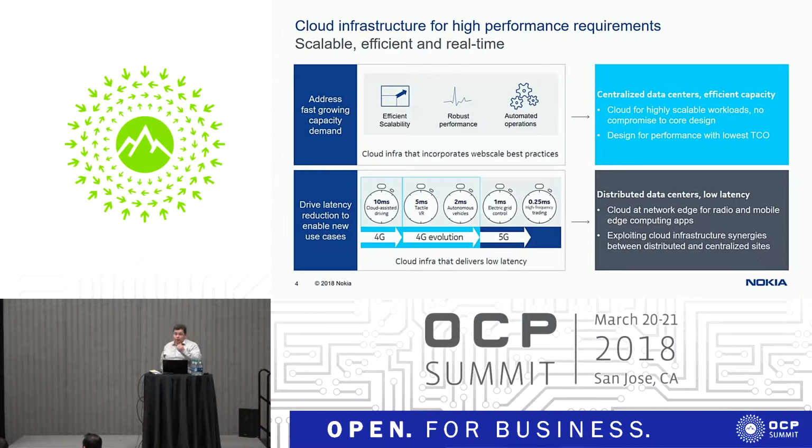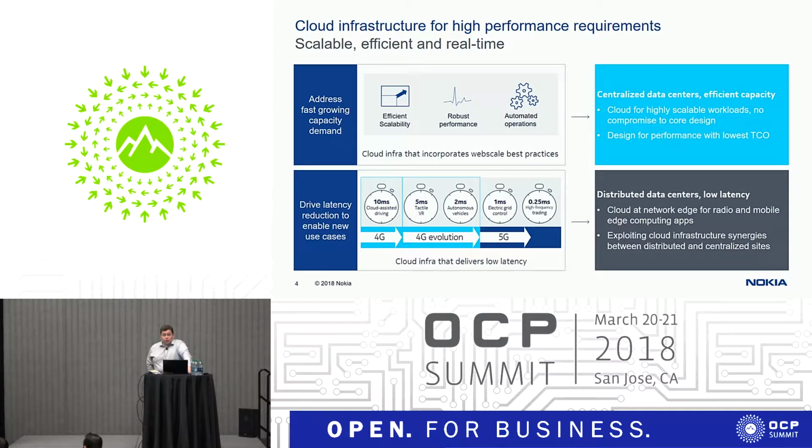However, in the distributed data centers, the key demand is to drive down the latency. And to be specific on that, the radio and mobile edge computing apps are driving for the extreme latency requirements. In the 4G, we have been talking about 10 milliseconds round trip.